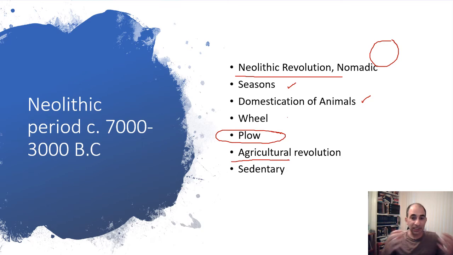So the Neolithic Revolution is the same as the agricultural revolution, because it means these nomadic people are no longer nomadic. They can become sedentary, right? And what does that word sedentary mean? Sedentary means staying in one place. That's pretty significant, that now people can stay in one place, and once they stay in one place, they can start to develop civilization.